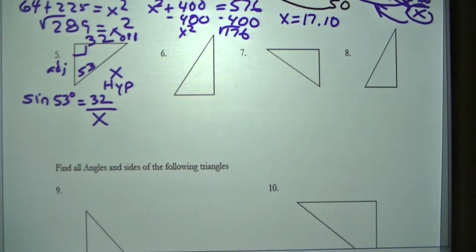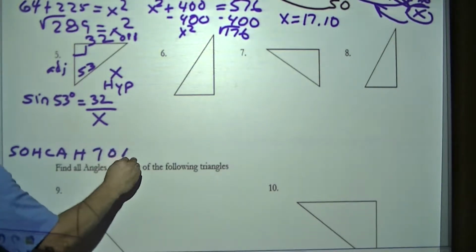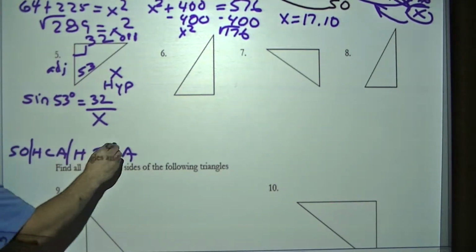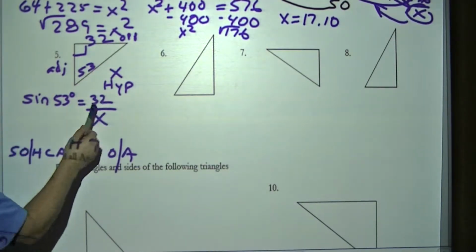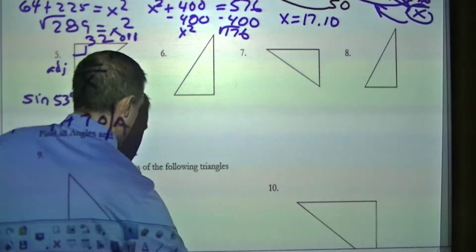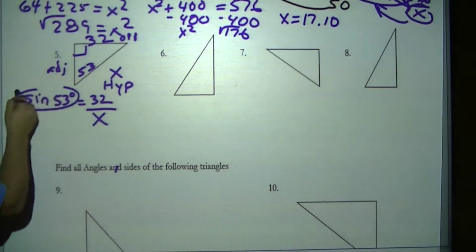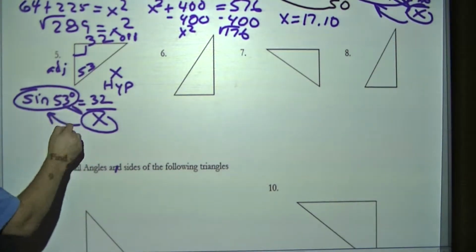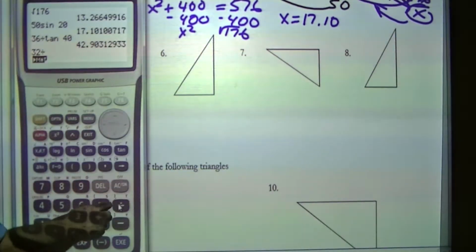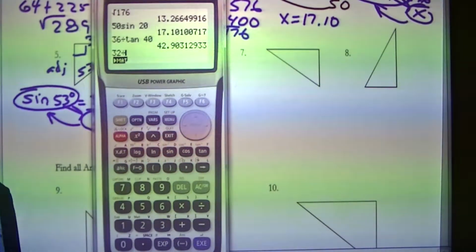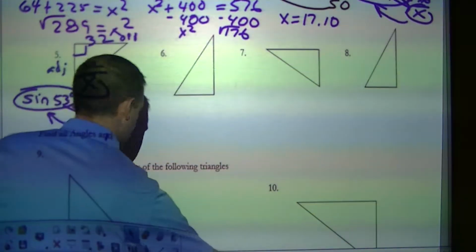Keep in mind SOHCAHTOA, that is the ratio. These are the ratios right here, so that helps you set it up. That's how I got opposite over hypotenuse. Now this and this switch spots, so I'm going to have the division sign. 32 divided by the sine of 53 is 40.06.